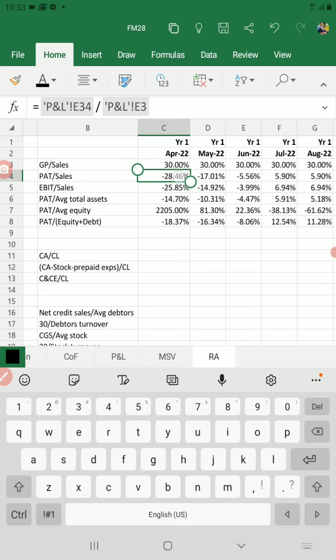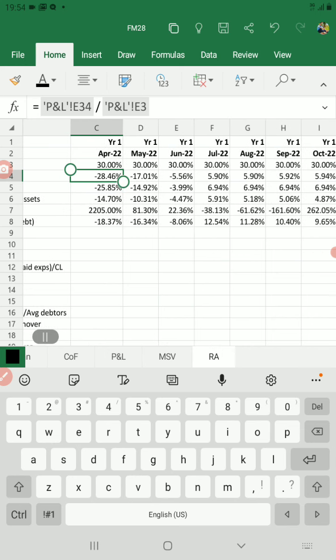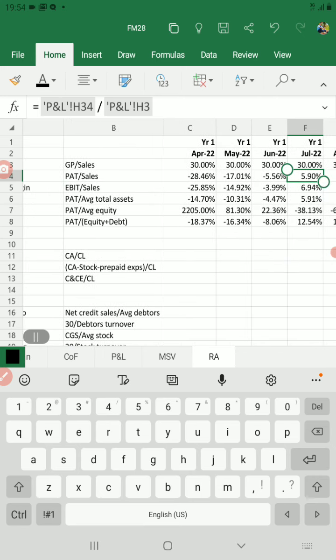Of course, the negative ratios are because we have losses in these months. As you can see, these are just the months when the business has started to be modeled, so we have not yet started generating profit, and profit started to be generated here in July. There is where we now have our positive ratios.